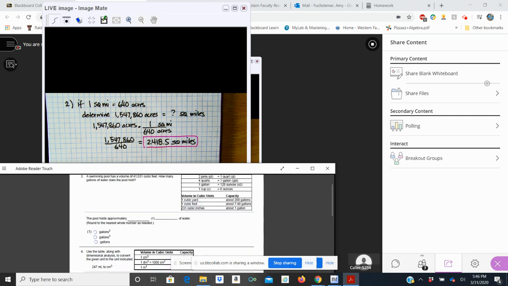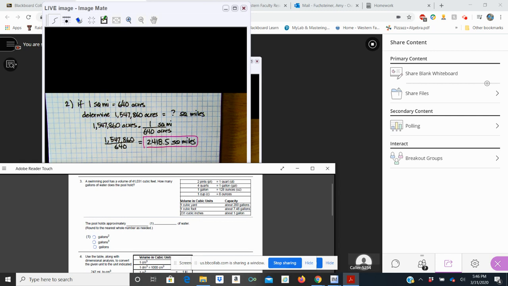So number 3, there's a swimming pool with a volume of 41,031 cubic feet.